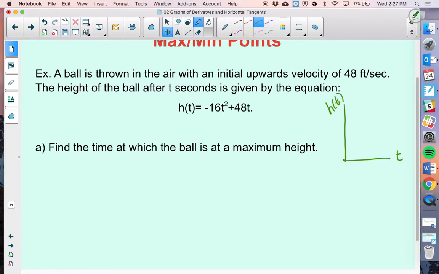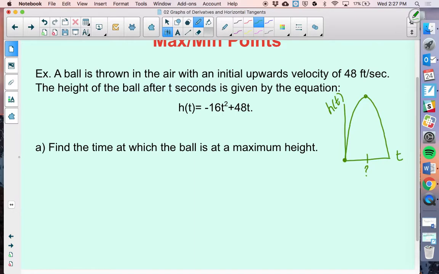So at a time of 0, you haven't thrown it at all, it's on the ground still. You throw it up, it's going to hit a maximum height, and then it's going to come back down. So I want to know at what time is it hitting that maximum height.